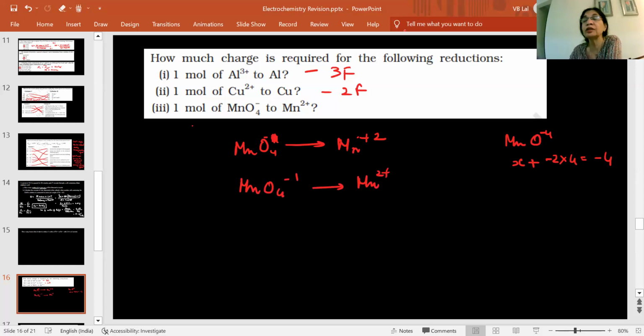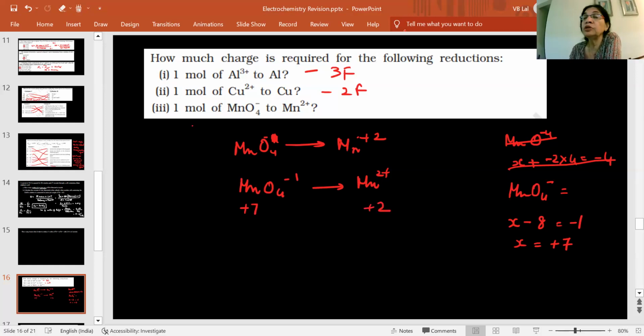So first find the charge on manganese. X minus 2 into 4 is equal to minus 8, which is equal to minus 1. So X is equal to plus 7. Right? So here the oxidation state is plus 7, and here it is changing into plus 2.